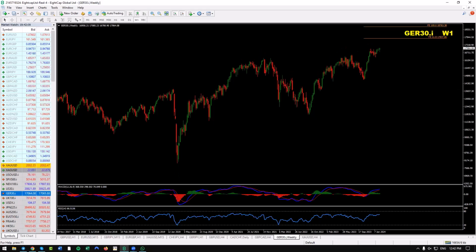At the moment, the way it is forming, there is no coming divergence here as we don't have a valid peak. So technically speaking, the bullish momentum is still on, and the ongoing big momentum and big cycle is still happening.